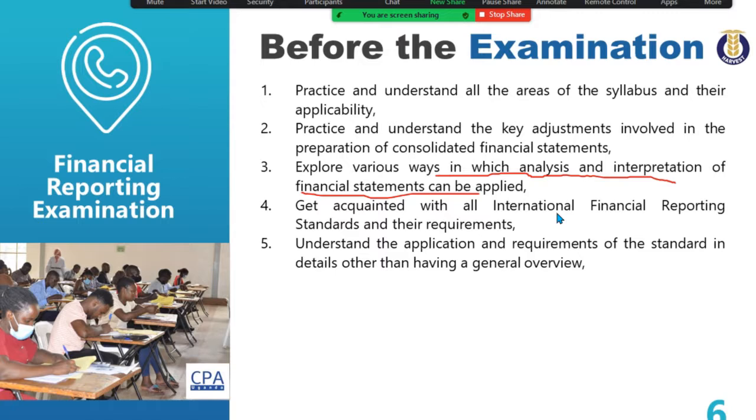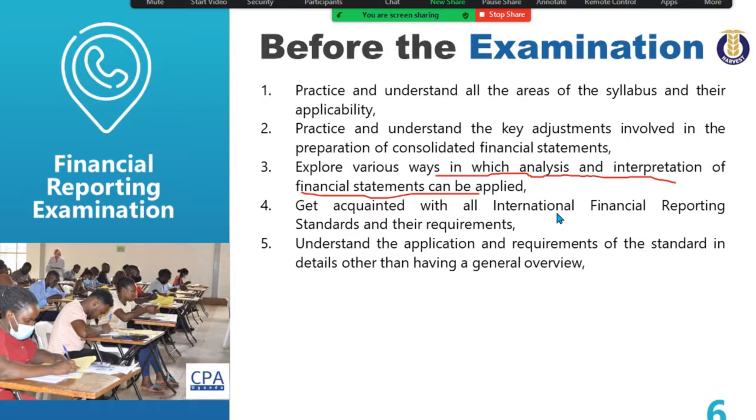For example, borrowing costs, where the borrowing costs applied. Of course, you know that borrowing costs would be applied if you borrow money from the bank. And how do you account for the costs that come along with the borrowing? IAS 16, you would know that one is applied on property, plant and equipment.